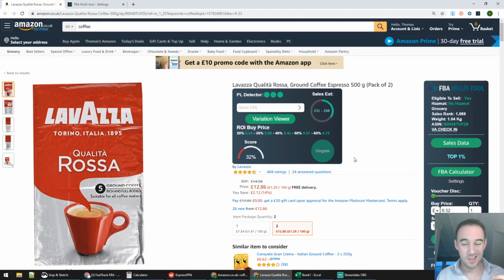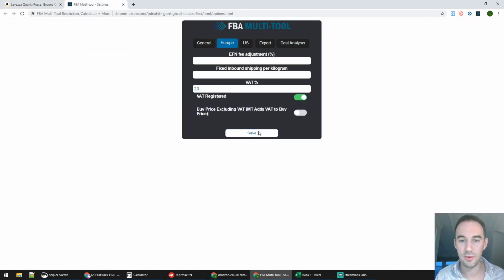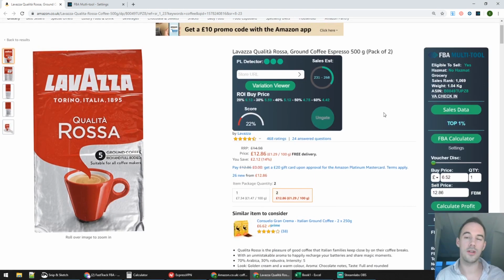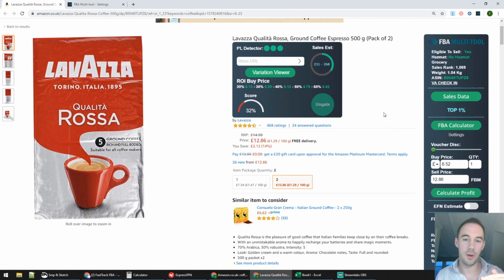So, okay, here's where I need to be a bit, I'm going off on one. Okay, so fees there, total fees. Okay, and then can I turn on my VAT registered? Turn on. Calculate. Okay, interesting. It's a bit hard to describe because of the way FBA multi-tool is going.